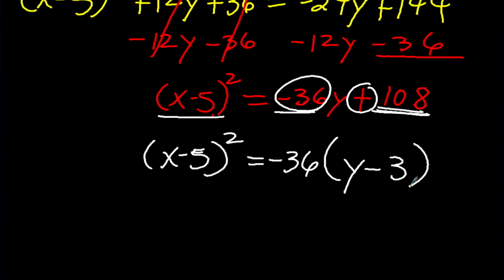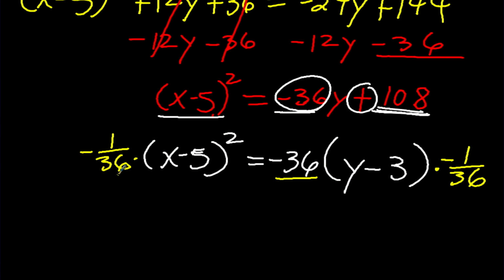Okay? All right, so now I want to get rid of the negative 36 because the goal is to solve this for y. So one of the ways I could do this, I can either divide by negative 36 or I can multiply both sides by the reciprocal of negative 36. And that's the option I'm going to do here. So I'm going to multiply this side by a negative 1 over 36, and I'm going to multiply it by a negative 1 over 36 on this side.